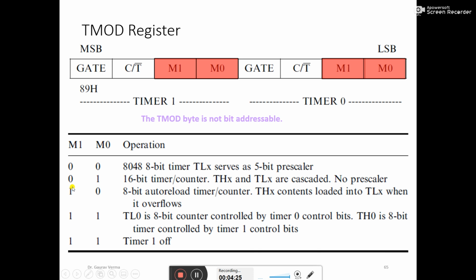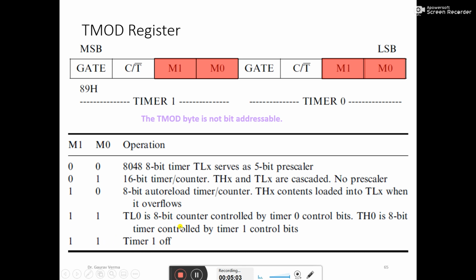When it is 01, there is a 16-bit timer counter, TLX and THX are cascaded, and there is no prescaler. For 10, it is an 8-bit auto-reload timer counter, where the THX contents are loaded into TLX when it overflows. For 11, TL0 is an 8-bit counter controlled by timer 0 control bits, and TH0 is an 8-bit timer controlled by timer 1 control bits.